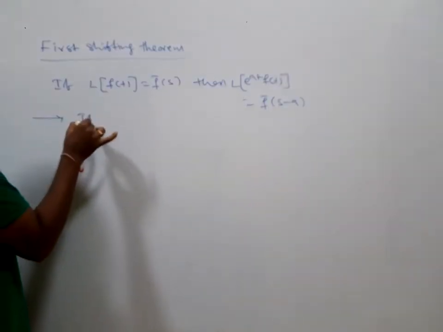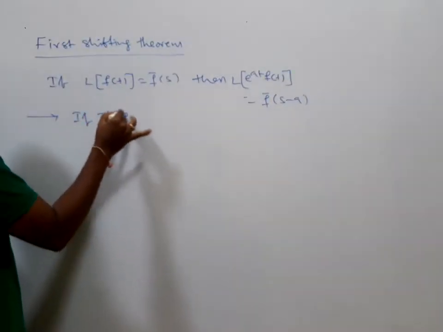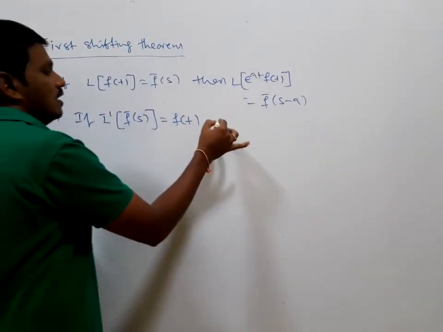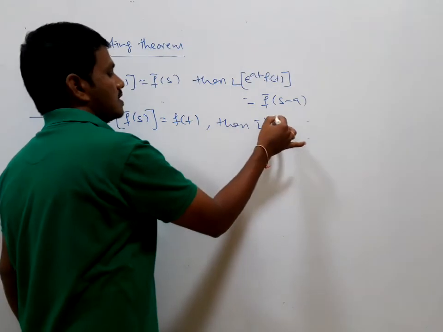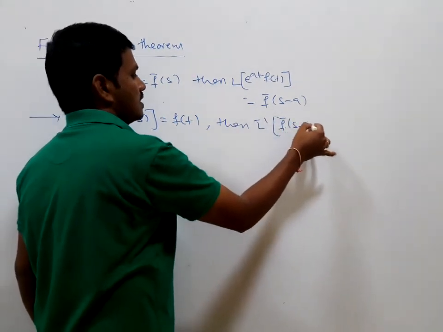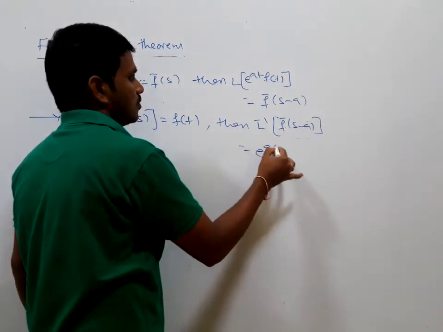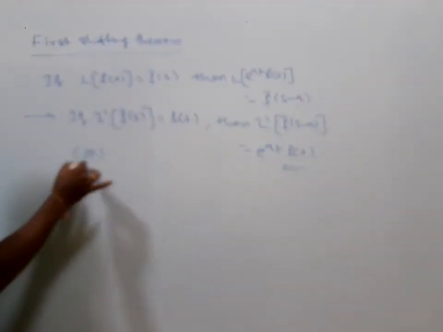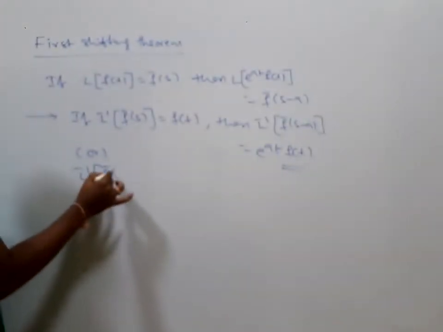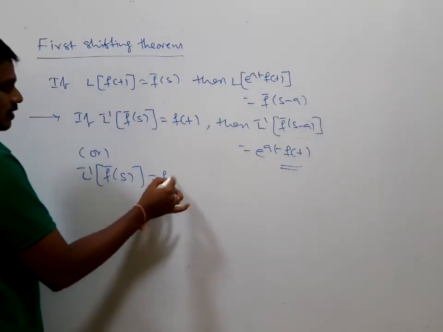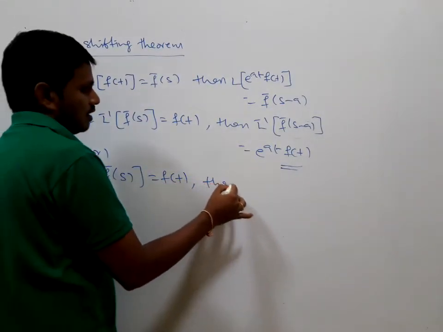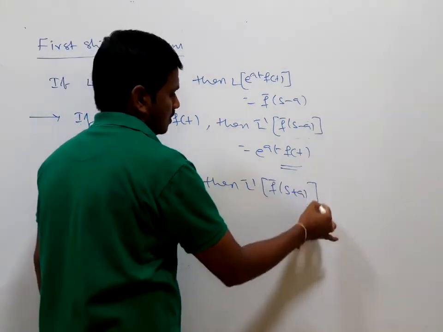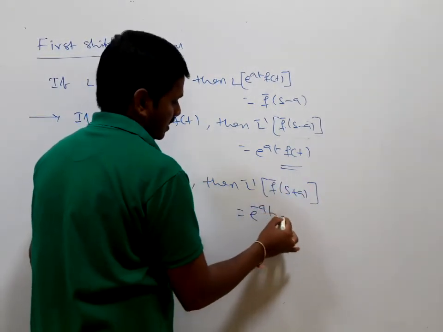If L inverse of f bar of s is equal to f of t, then L inverse of f bar of s minus a is equal to e to the power of at into f of t. This is the first shifting theorem. Or if L inverse of f bar of s is equal to f of t, then L inverse of f bar of s plus a is equal to e to the power of minus at into f of t.